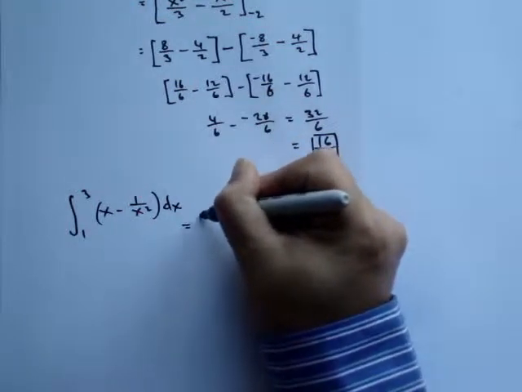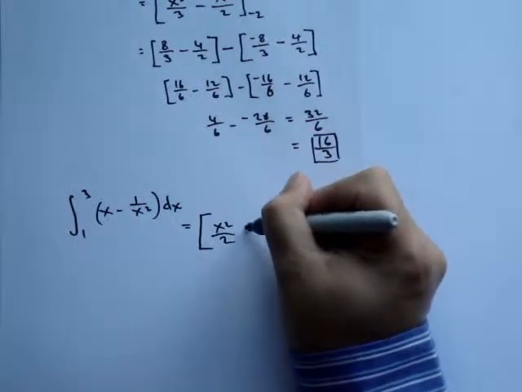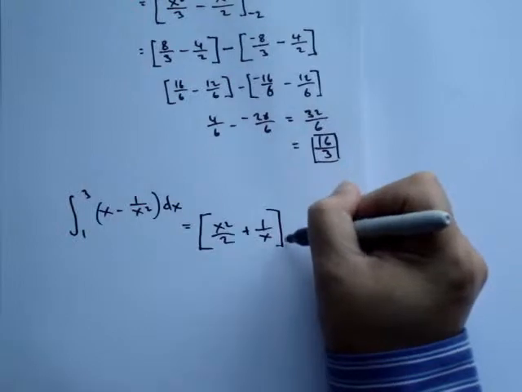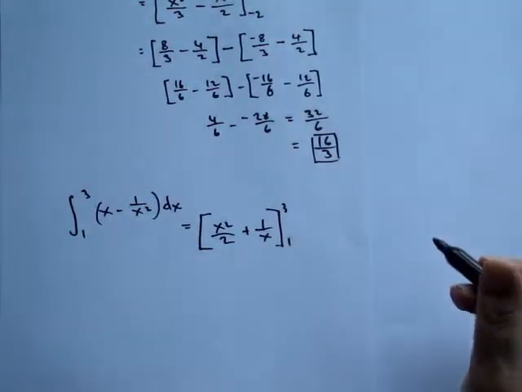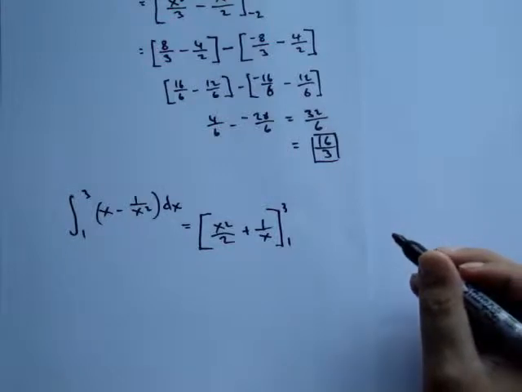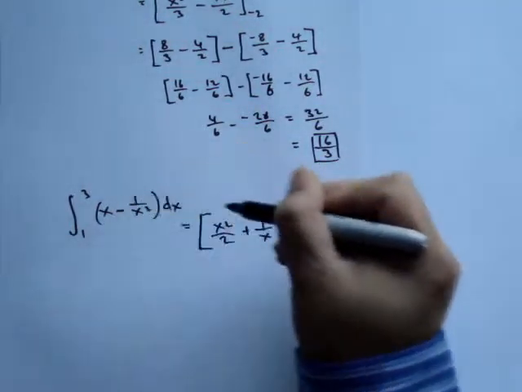So when we integrate we get x squared over 2 plus 1 over x between the limits 1 to 3. Now the integral of 1 over x squared is minus 1 over x. That's why this minus becomes a plus.